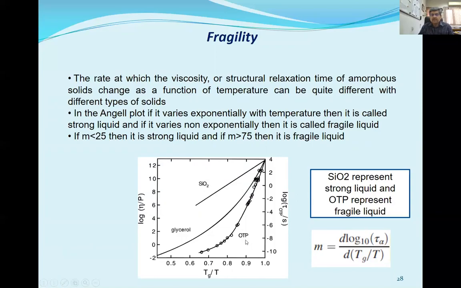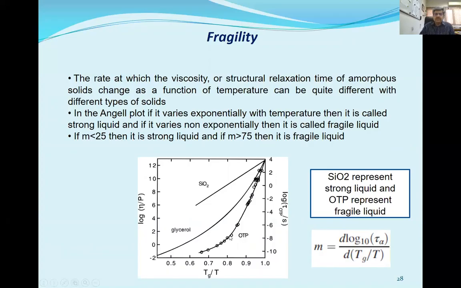Whereas in the case of OTP or glycerol, the exponential behavior is not maintained, and it shows a non-exponential change in the viscosity of the system based on the temperature of the system. So these are called fragile liquids.